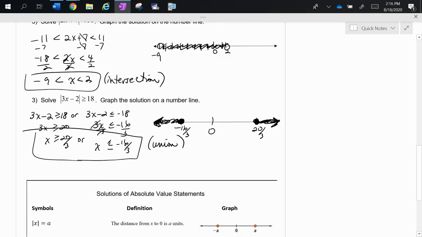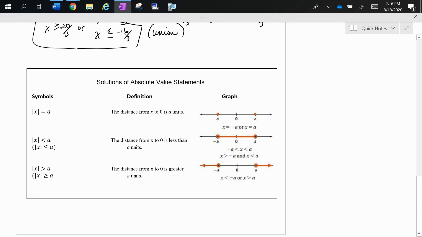So what we have here is a little wrap up of what we just talked about. The absolute value of x is equal to a means that the distance from x to 0 is a units, either a or negative a. If the absolute value of x is less than or equal to a, the distance from 0 is less than a units, so it must be in between, which means it's an and compound inequality.